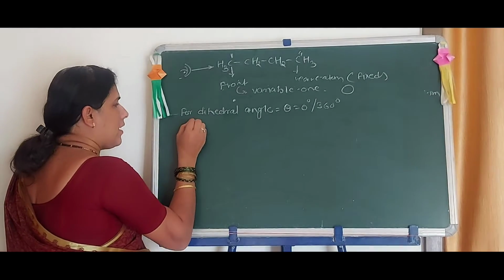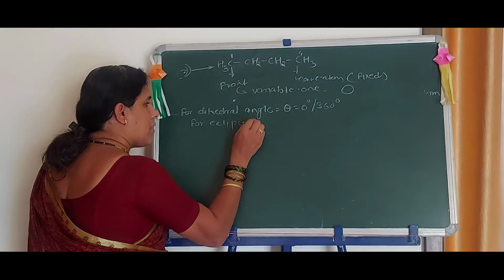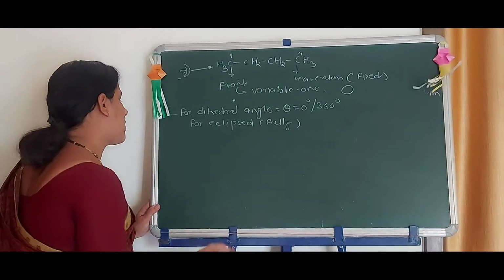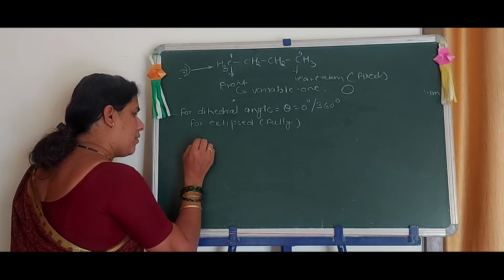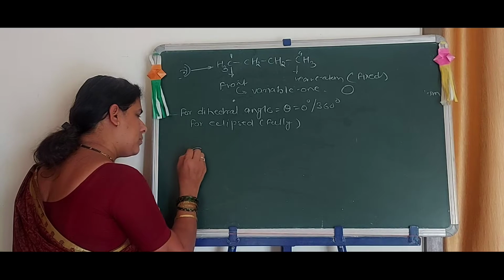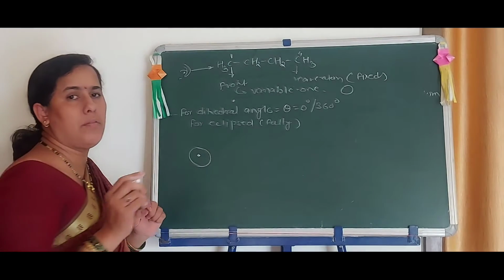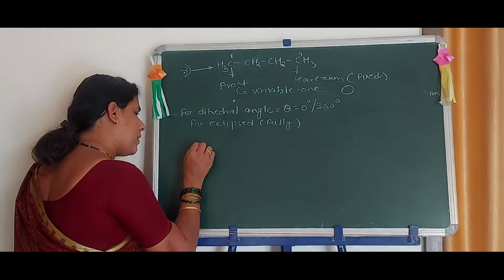eclipsed, in brackets fully eclipsed. What is the structure here? See here the eclipsed structure. First of all, for the rear carbon atom, we have to show the carbon atoms by using a dotted line.